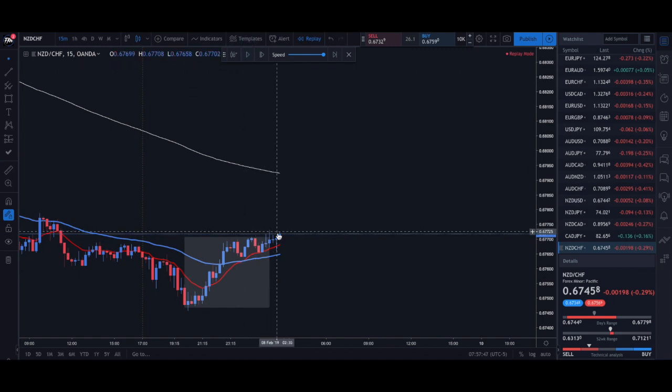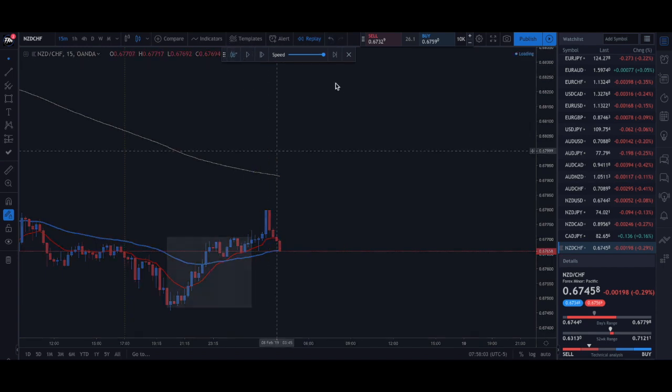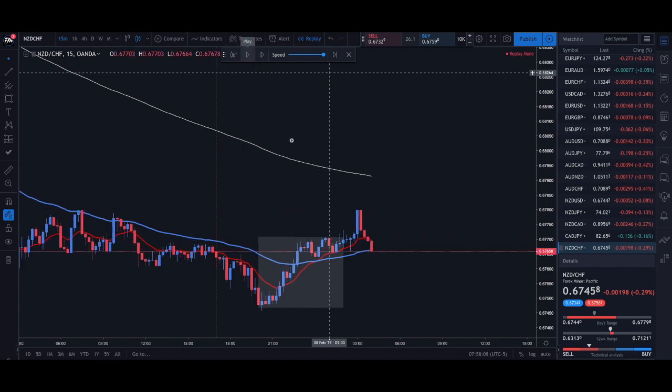This is 2:15, 2:30, 2:45, 3 o'clock, 3:15. Boom. You get railroad tracks. Railroad tracks at 3 o'clock. So there's your trade entry right here.